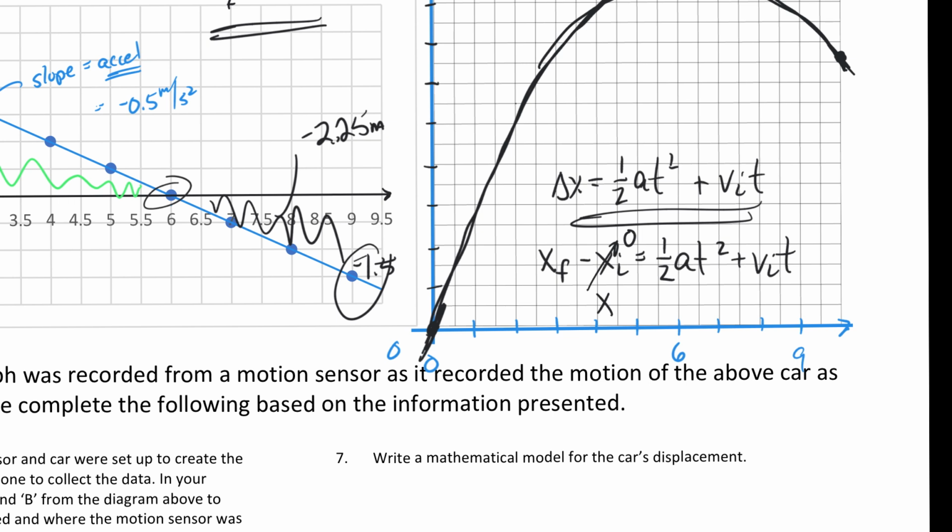So x equals 1/2 times negative 0.5 t squared plus 3 times t. We know the acceleration, we know the initial velocity, that's our model. And that's where it comes from. So I expect the answer to be x equals 1/2 of 0.5, so you can make it negative 0.25 if you want, t squared plus 3t.